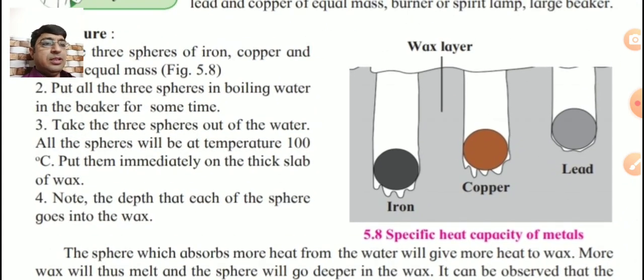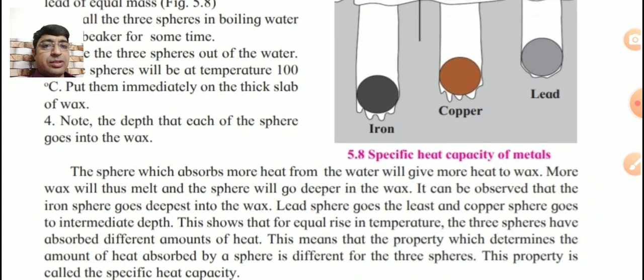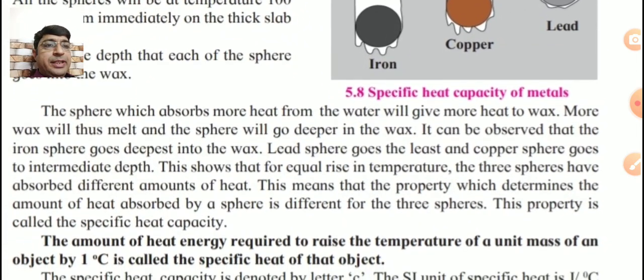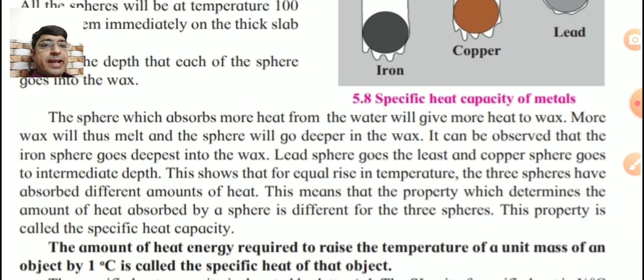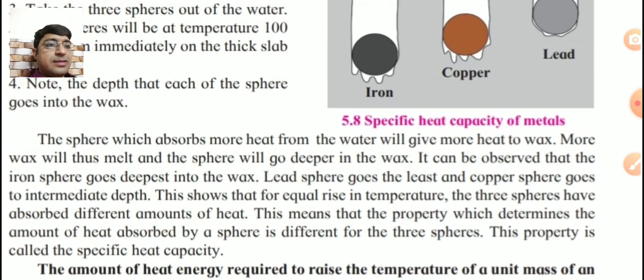All the three metal spheres go into the wax to a different depth. See the explanation. The sphere which absorbs more heat from water will give more heat to the wax. More wax will thus melt and the sphere will go deeper in the wax.